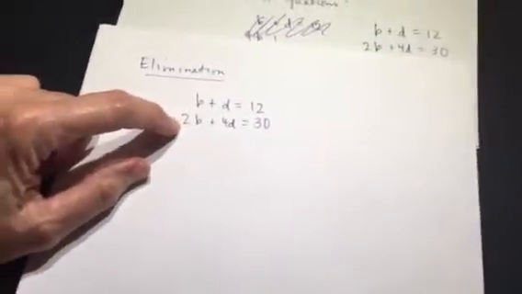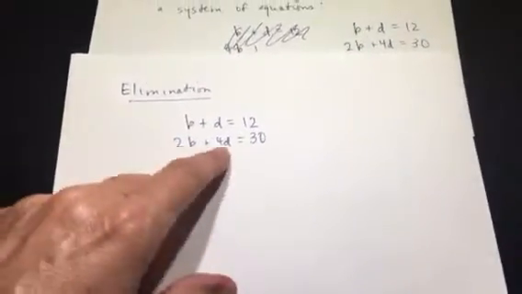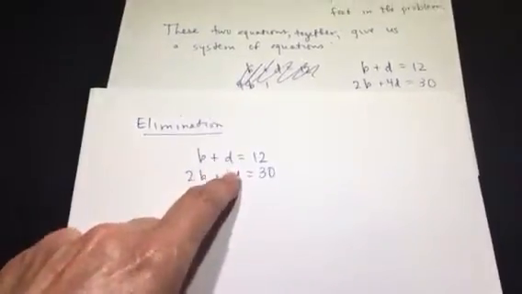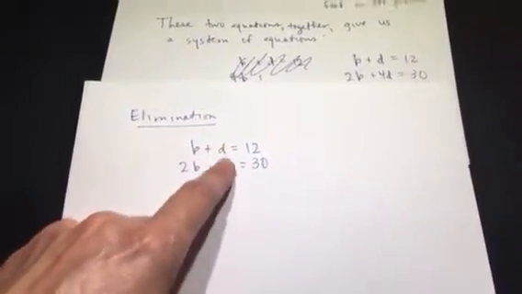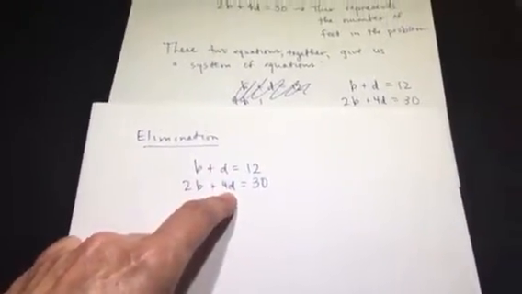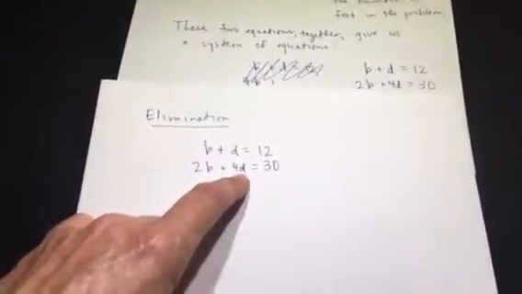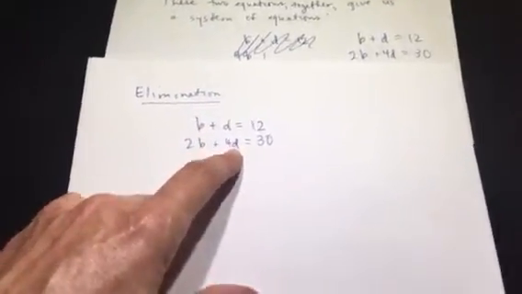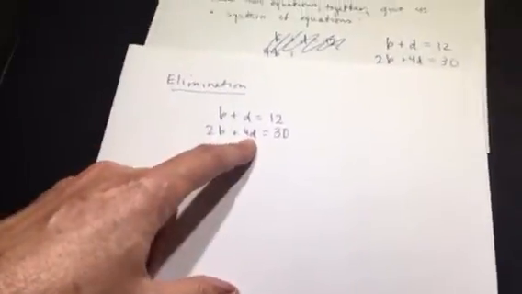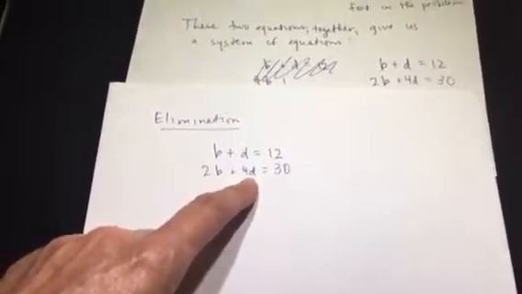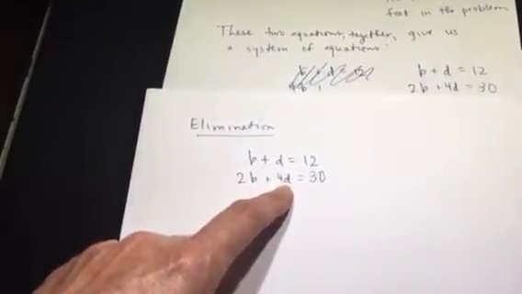What else could I do? Multiply the top one by -4, then add the two equations and get rid of the d's. I'm hearing something in the back that sort of sounds like this.